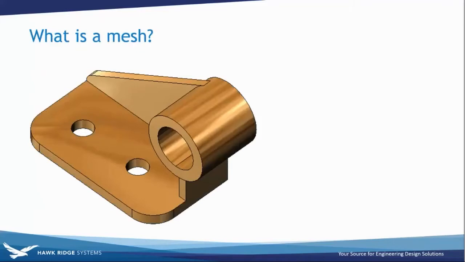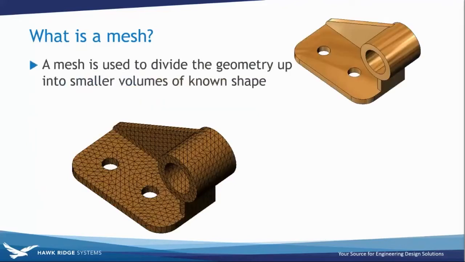But let's get started. So what is a mesh? CAD geometry can often be complex. So the finite element method uses a discretized mesh to break the problem into smaller, manageable geometry. A mesh is used to divide the geometry up into smaller volumes of known shape, and those volumes are called elements.